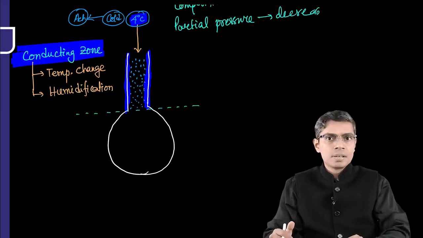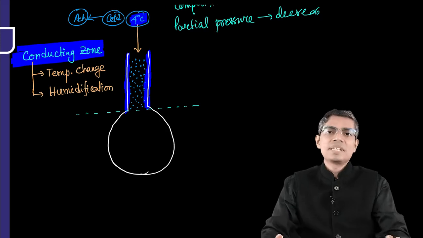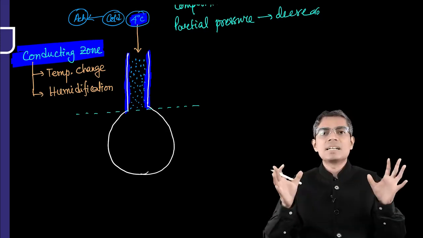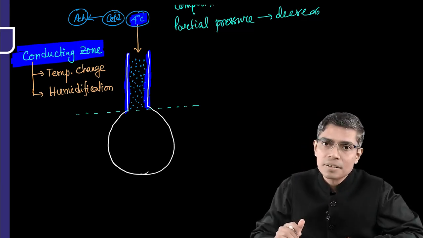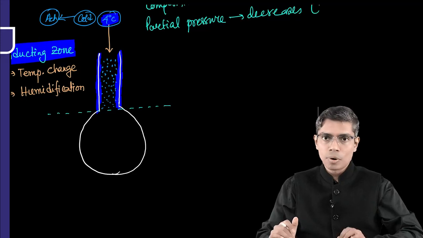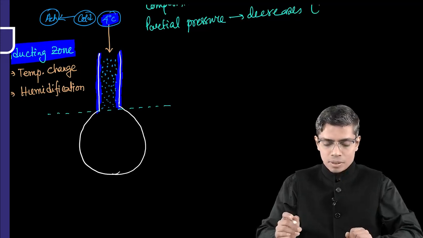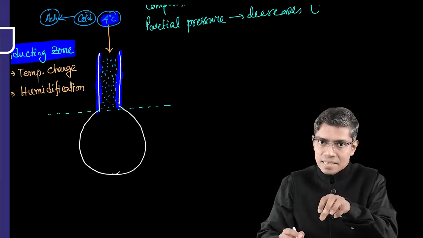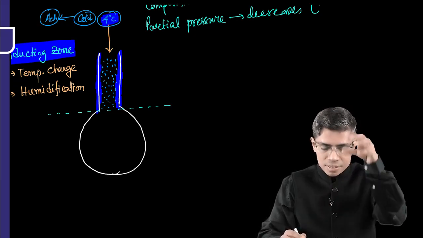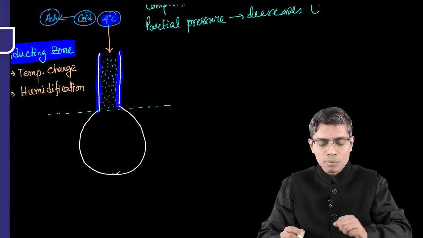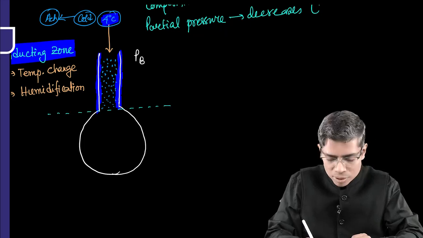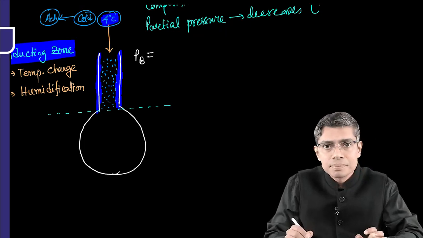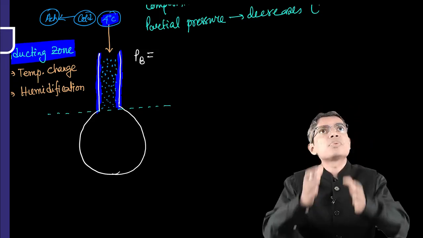So now we know that humidification is occurring, water molecules are added to the gas which is entering your lung. This is known as the inspiratory gas. But the problem is that whenever one extra gas is added to the air coming into your lung, what will happen? By Dalton's law, PB, the total pressure, will remain the same, because it is in continuation with your atmosphere.